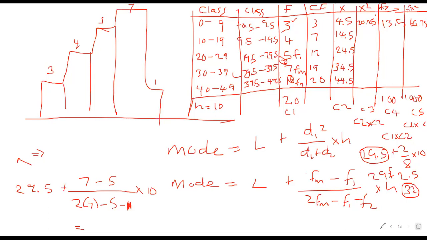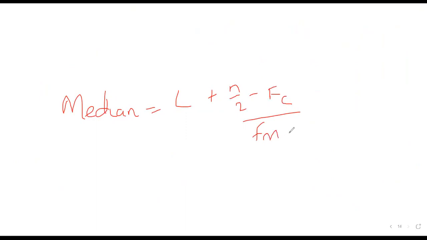All right. Then we go to the median. Median is L plus (N over 2 minus FC) over Fm, times height. So we go to the same parameters we have here.